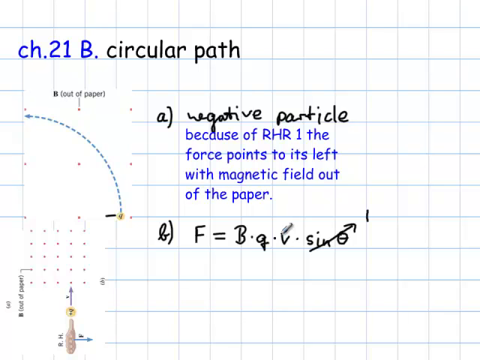The magnetic field 0.48 Tesla. Then the q, the charge is given, 8.2 times 10 to the negative 4 coulombs. And then the particle speed is given as 140 meters per second. And then we could calculate the force.